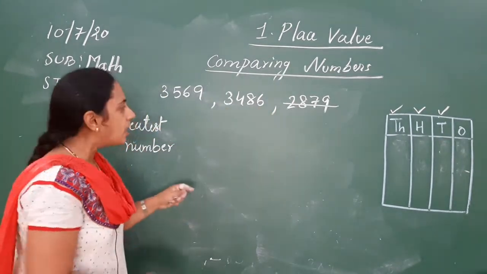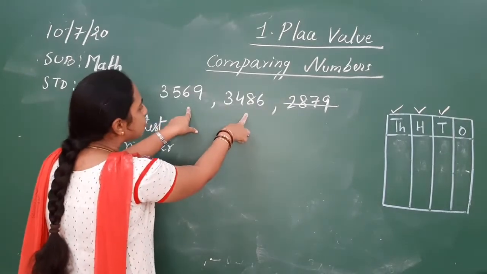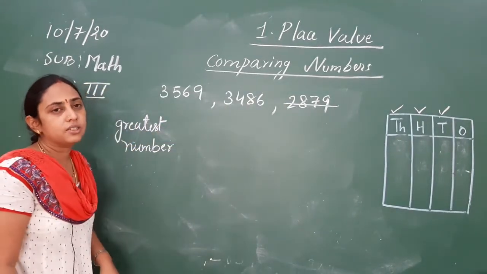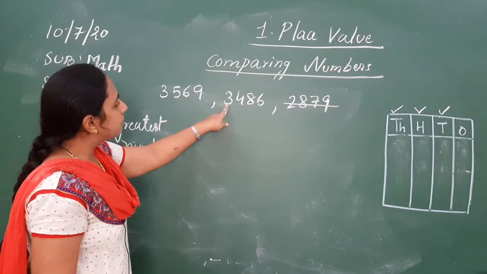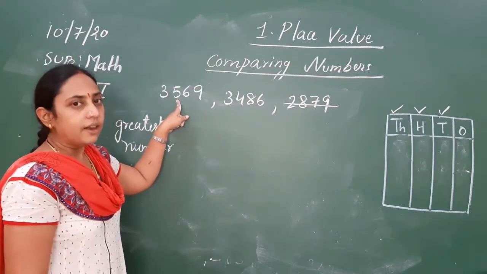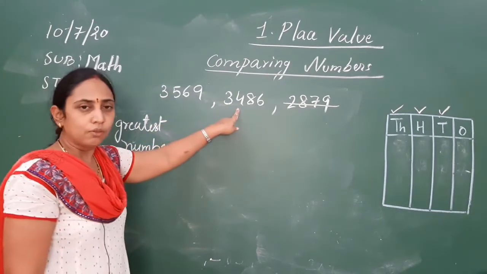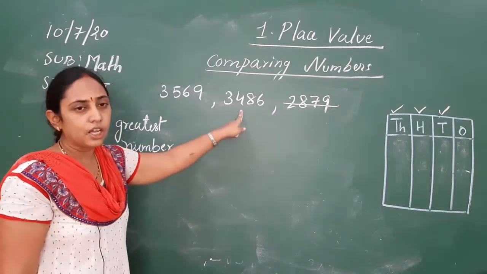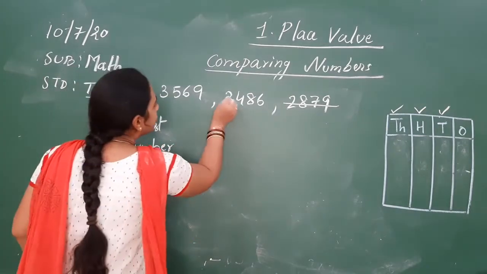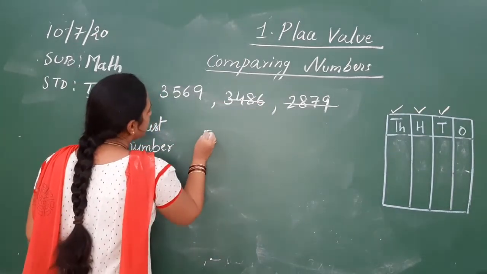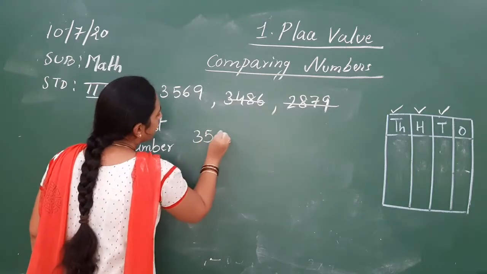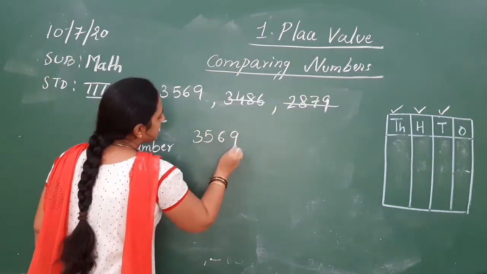Okay. Now, we are left with two numbers. In these two numbers, we have to check for the greatest number. 3, 3. Now, we will go for hundreds place. 5, 4. We know 5 is greater than 4. Right. So, the greatest number is 3569.